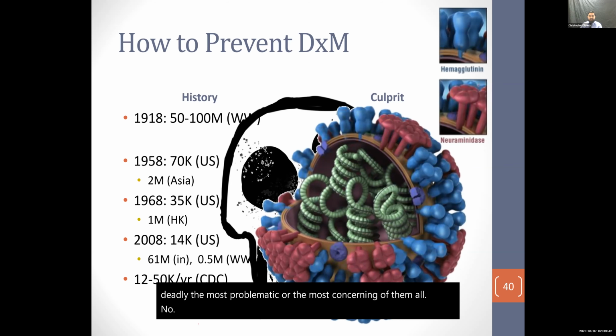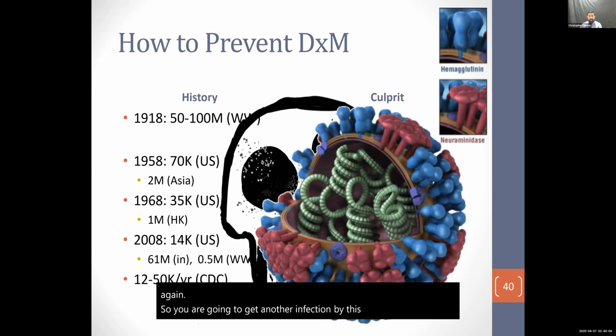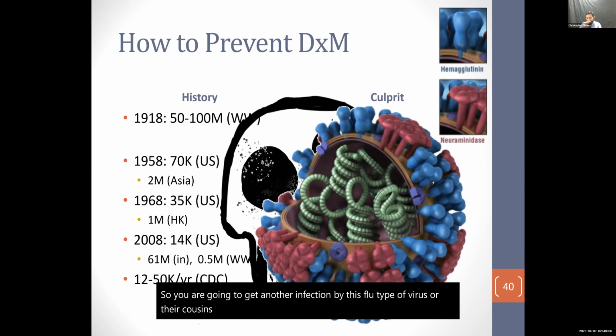Now, part 2 of this is, why do you do it next year too? Well, there's more, not just the 2 or 3 that you got the vaccine for, but also that H and N are varying, are mutating as they go in and out of the host. And so when those change, your vaccine becomes kind of useless again. So you are going to get another infection by this flu type of virus or their cousins, including, funny enough, coronaviruses.